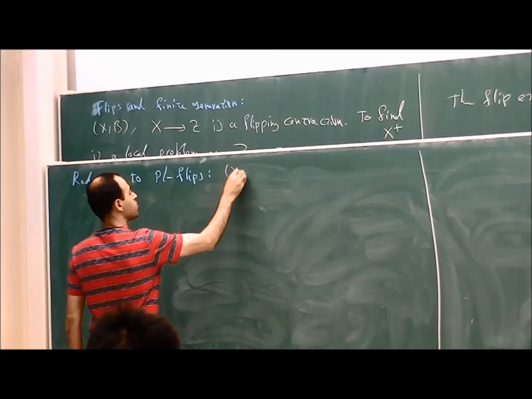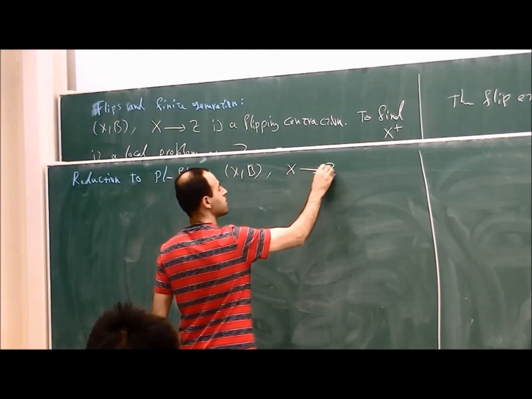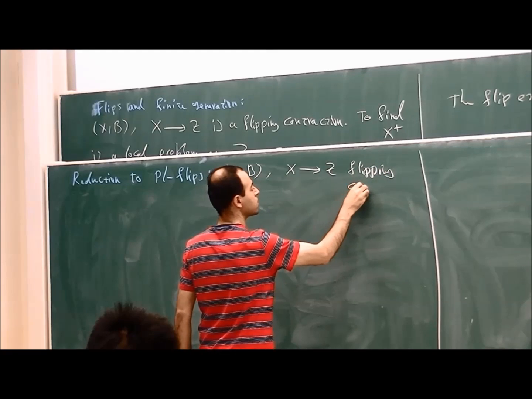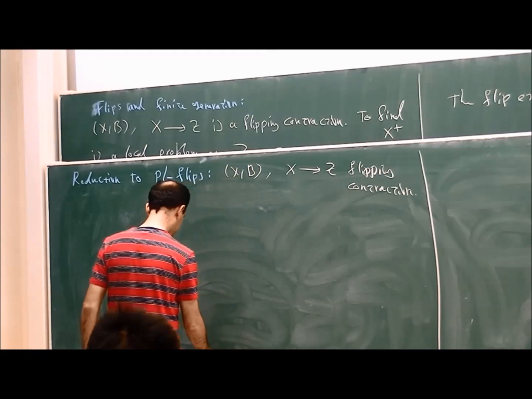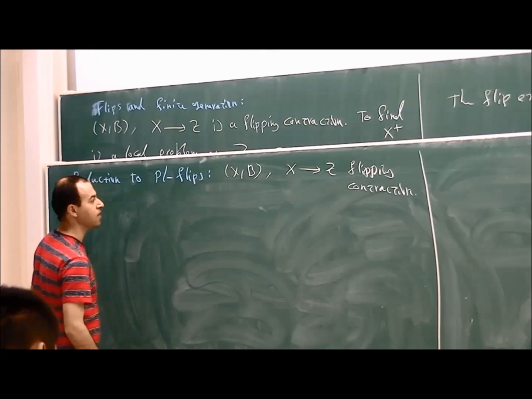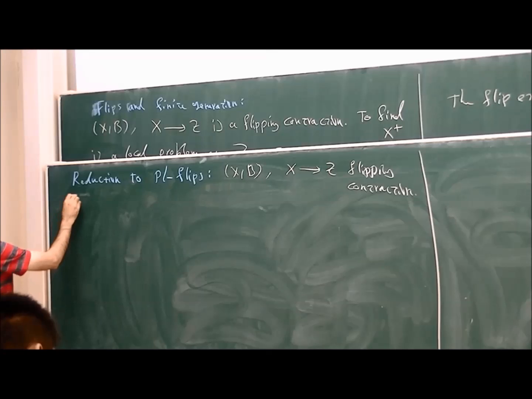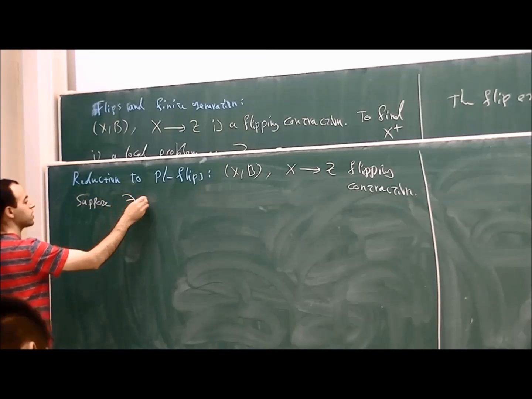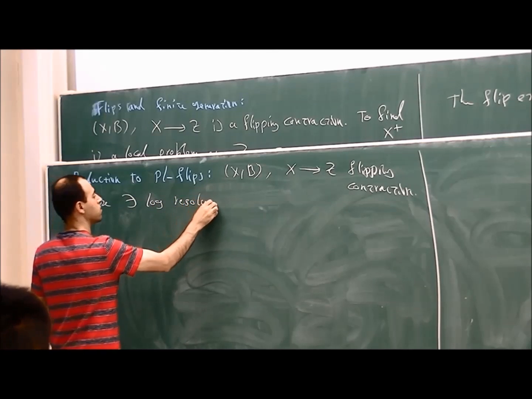Suppose that X to Z is a flipping contraction. We would like to find X plus, and here is how one can do it. Suppose that there is a log resolution.